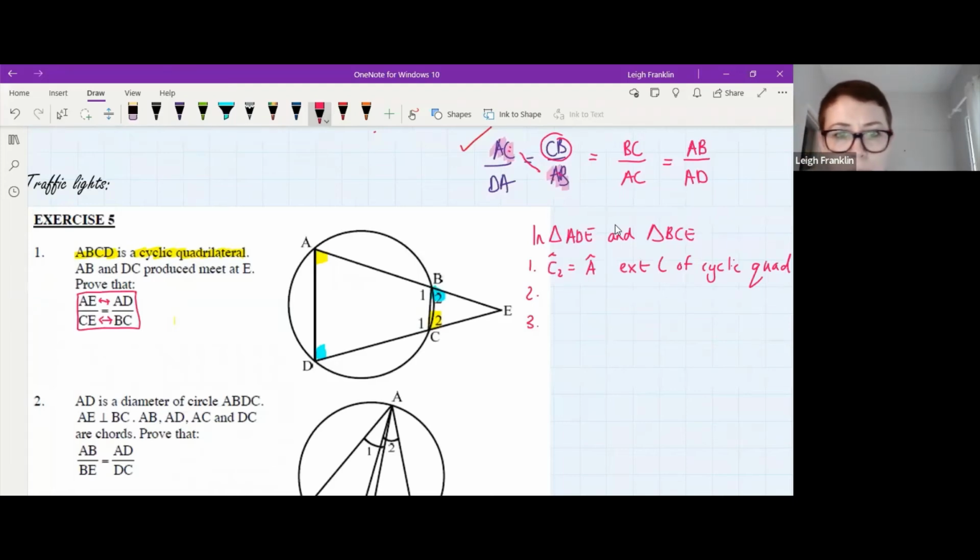Point number 2: B2 is equal to angle D, same thing, also because of exterior angle of cyclic quad. These 2 reasons are not always necessarily going to be the same thing; it just depends on the information that's been given. Now we can conclude angle E is common. So there are our 3 angles.